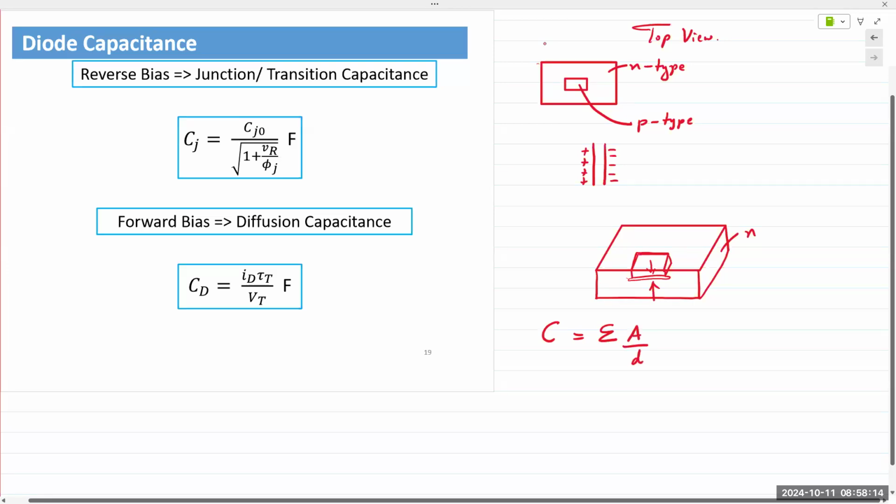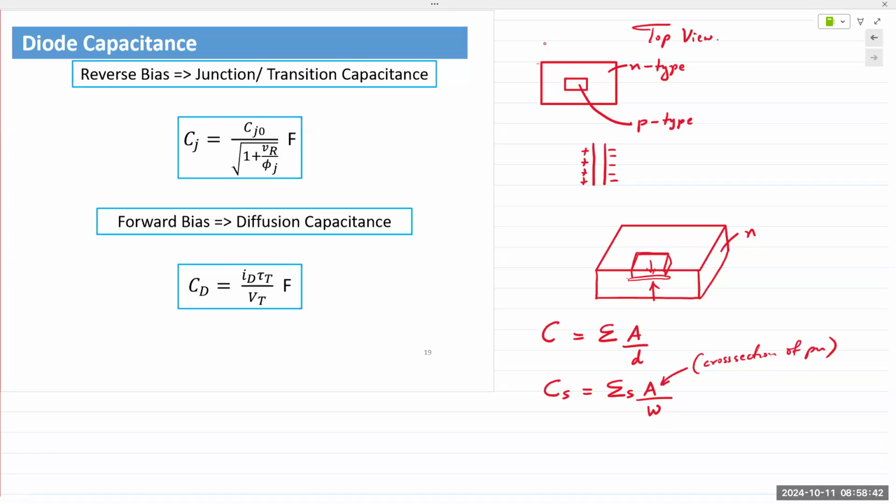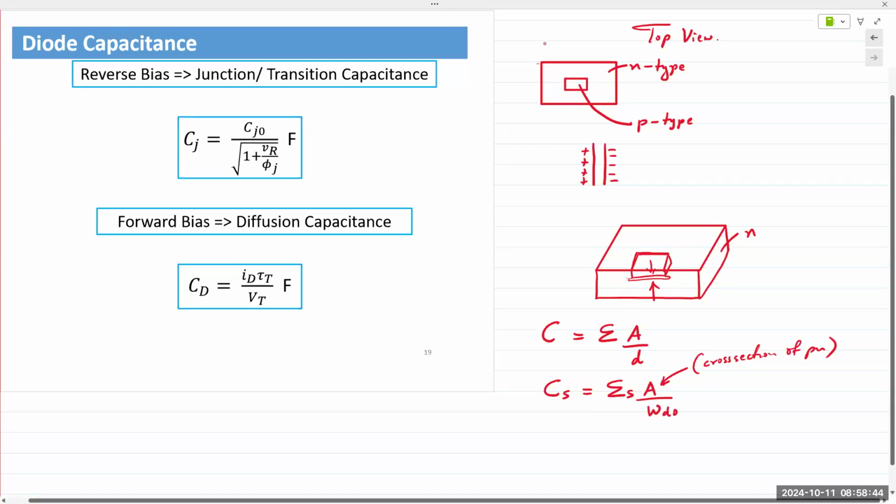So in this case, the capacitance, let's say for silicon, would be epsilon S. A is the cross-section area of the overlap of the p-n junction. And then D would be W_D0, the width of the depletion region. Make sense?